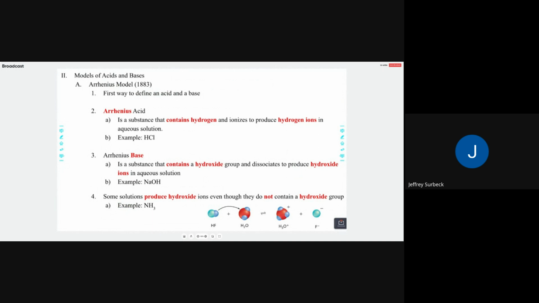You have to get H plus in solution. So our example of an acid would be hydrochloric acid, where that H plus sitting out in front would get donated, or would ionize, and we would see that in our particular solution.